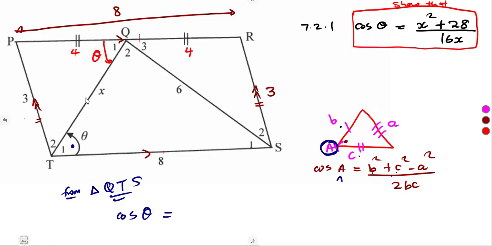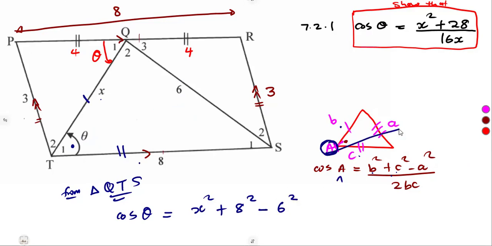In this case, the sides creating our angle are x and 8. So that's x squared plus 8 squared minus a squared, the side that is opposite the angle you are working with. You are working with theta, so the side opposite that angle is the one that you must subtract. So that's minus 6 squared.